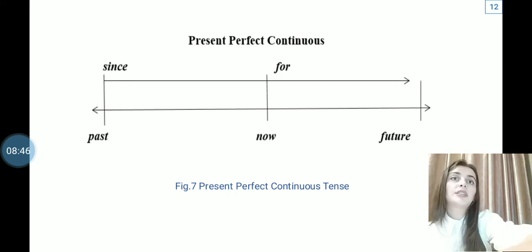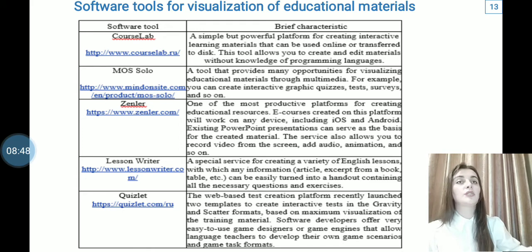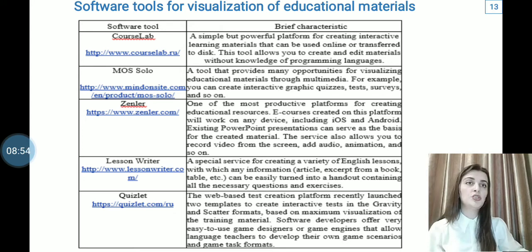We present the results of a brief review of software tools that can be used for visualization of educational materials in general and taxonomic structures in particular, along with the list of the software tools for visualizing educational material.